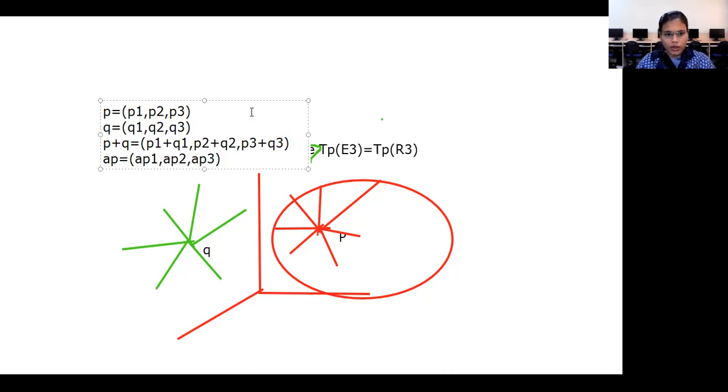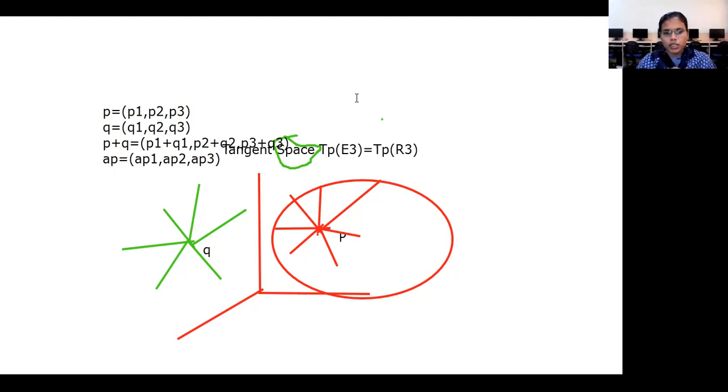Okay, so this is vector addition, and this is scalar multiplication. Now we know already that R3 over R is a vector space with this vector addition and scalar multiplication. Now we were discussing why it is called a tangent space.